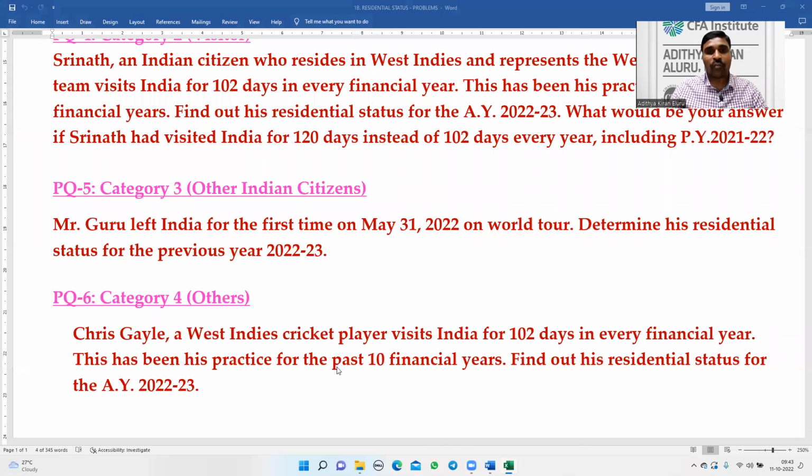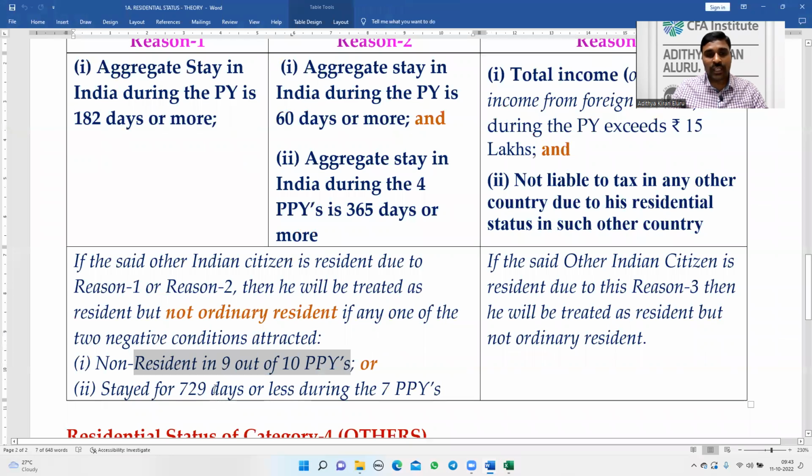Next, whether his stay in the 7 preceding previous years is 729 days or less.